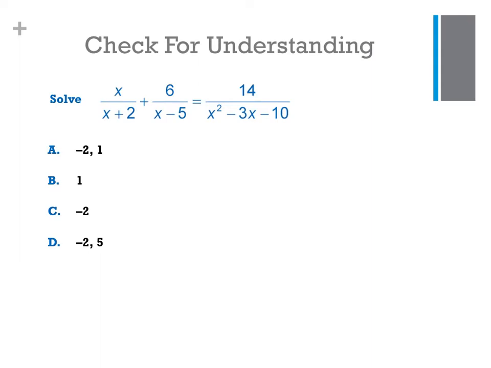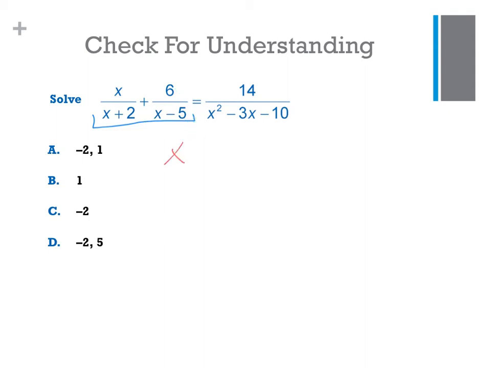Okay, so what we're going to do on the left side of the equation here is we're going to get a common denominator. That means that I'm going to multiply this first fraction here by an x minus 5 on top and bottom. And I'm going to multiply this second fraction here by an x plus 2 on top and bottom.